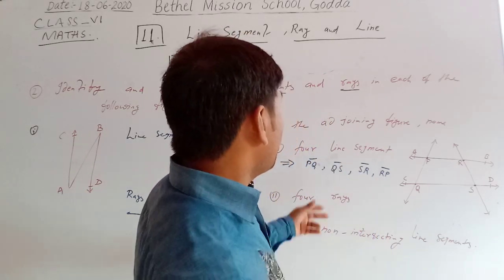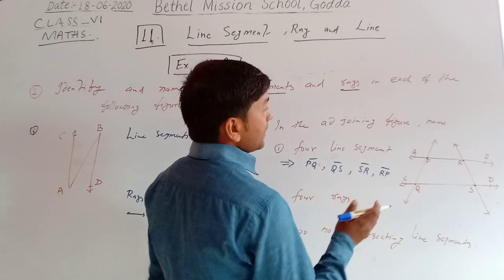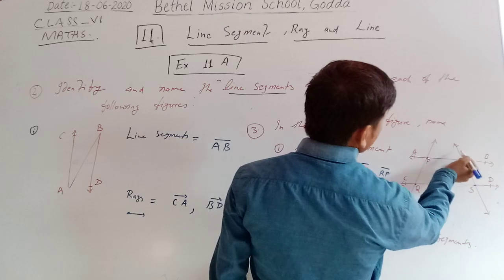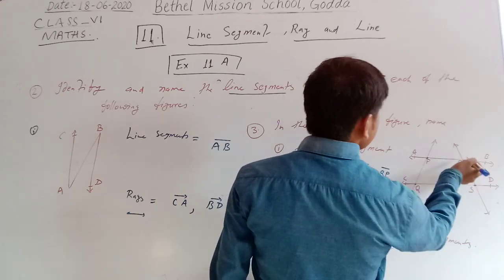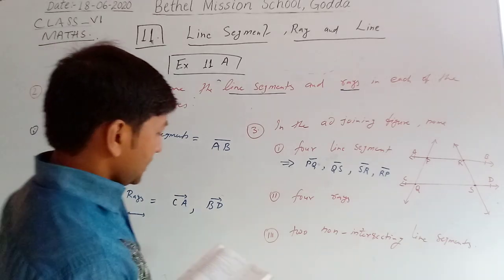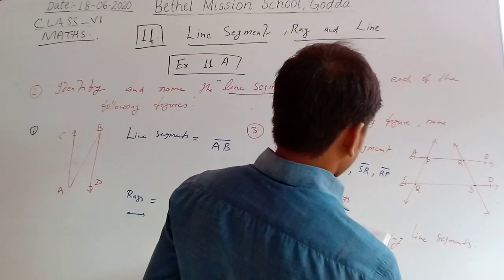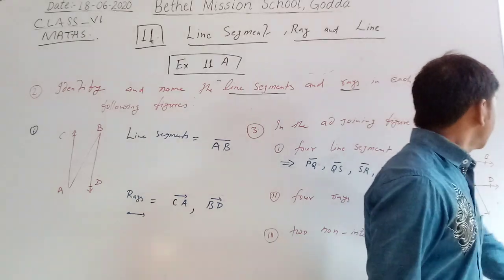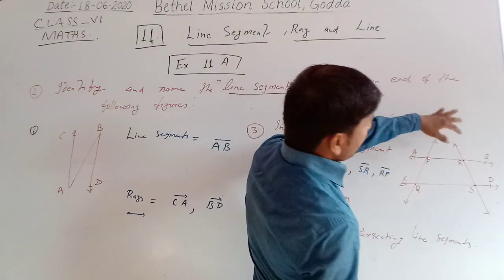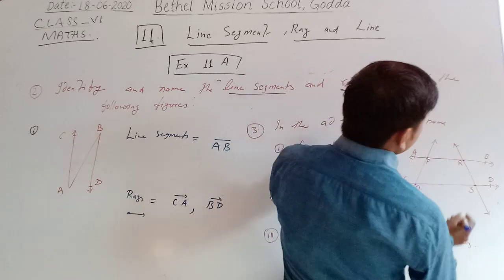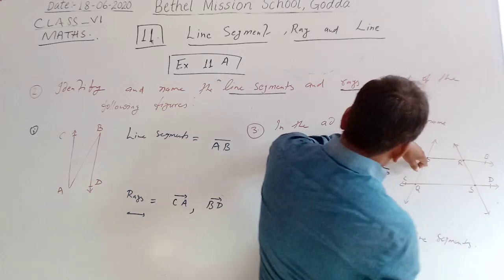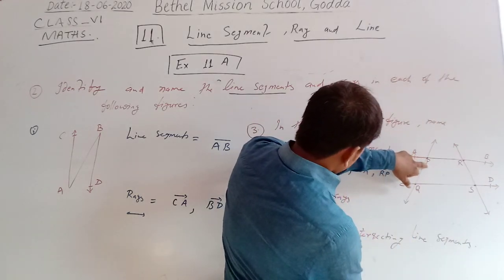Okay, now 4 rays, where the ray symbol is given, that is ray. There are so many rays, so you can write from P to B, PB.